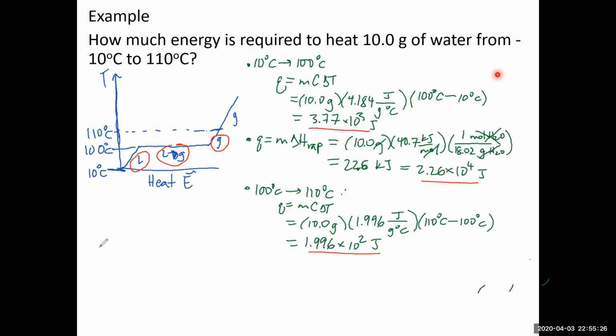And our final answer is that our energy total that was required to heat up the 10 grams of water from 10 degrees Celsius to 110 degrees Celsius is 2.66 times 10 to the 4th joules. Or in kilojoules, that would be 26.6 kilojoules of energy.